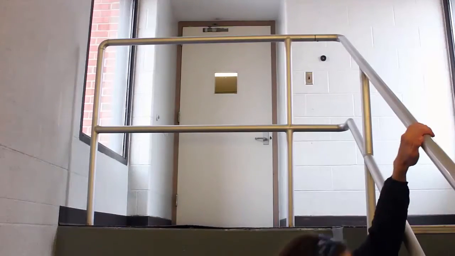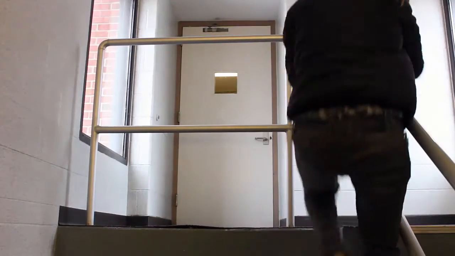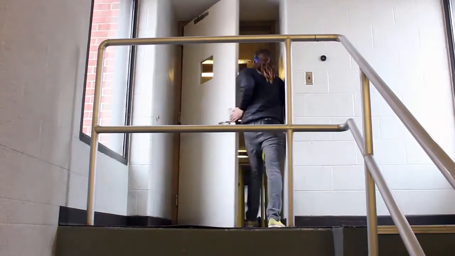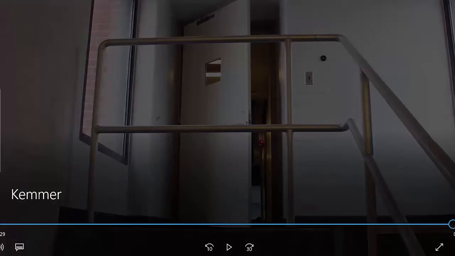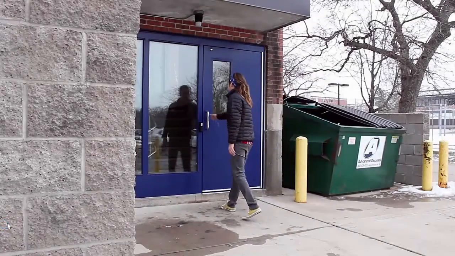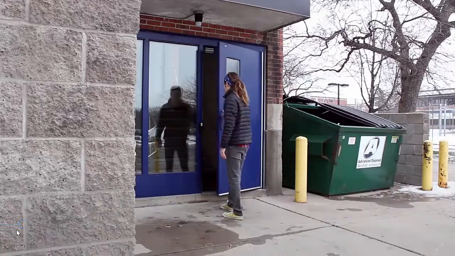So as he leaves the frame, he enters the frame in the same place each time. Okay, so we're going to look at that one again. So as he comes to the door here, he reaches the door, steps through, and now we're looking at it from another angle, and he's in the same place.